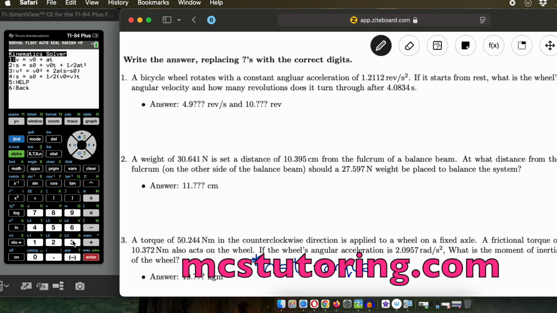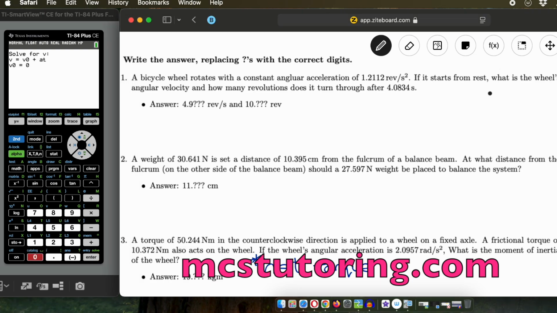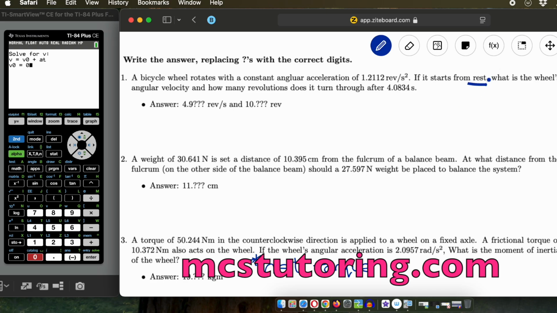So the first thing is V equals V0 plus AT. You can solve for any of the variables; we're going to find the final velocity. V0 stands for velocity initial, or velocity at time 0. That's going to be 0, because it says it starts from rest. In real life, that's nice to take a rest on the weekend, but in physics, that means velocity 0.